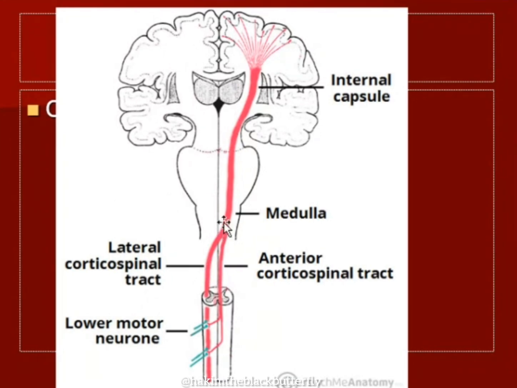For the trunk, they remain on the same side. And if the injury of this tract is before the decussation, the paralysis is going to be on the muscles of the opposite side for the limb muscles, and for muscles of the same side for the trunk muscles.